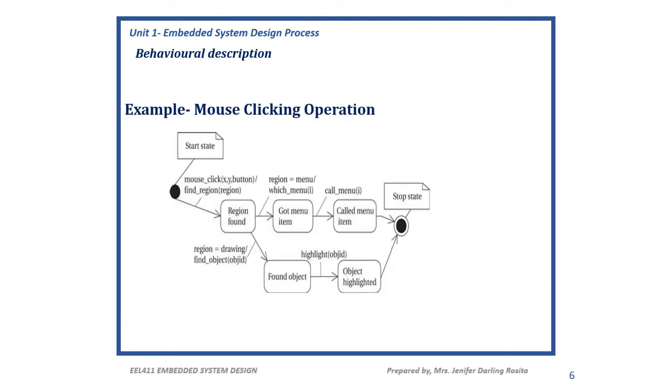So here there is an example given, the same example, the mouse clicking operation. In the structural description we were discussing UML notations under the display. The display is what? The display is a class which finally displays a pictorial representation in the form of pixels, based upon where the mouse is being clicked.